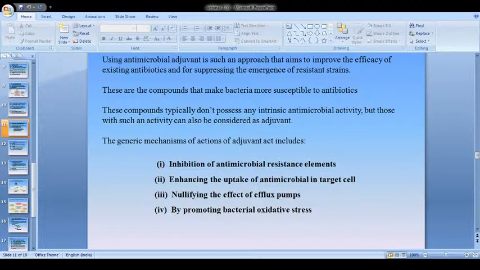And the next one is enhancing the uptake of the antimicrobial in the target cell. Here colistin, also known as polymyxin E, is a polycationic molecule with both lipophilic and hydrophilic ends. And it is an antibiotic whose use itself is limited due to nephrotoxicity.